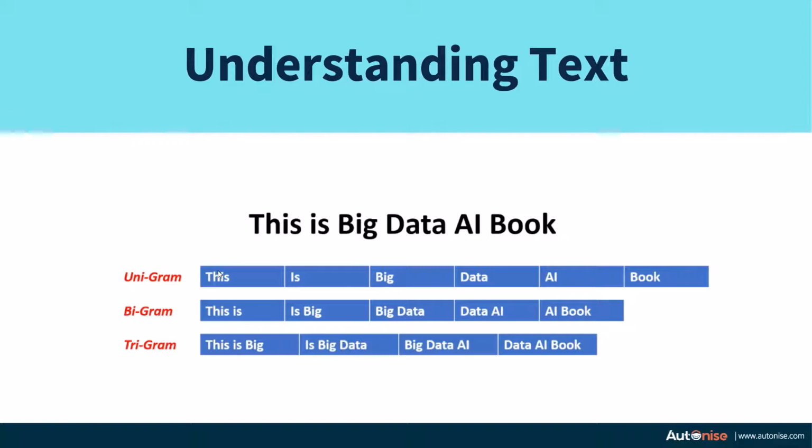So you say that this corresponds to the number 0, is corresponds to the number 1, big corresponds to the number 2, and so on. If this is repeated again somewhere later along in the data set, then you will again say that this word has the value 0, and so on. Hence you convert each word to a unique number and then feed it to your network.